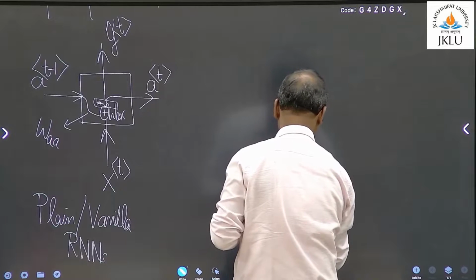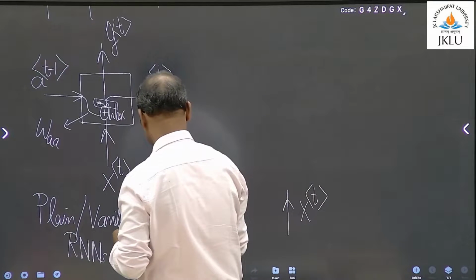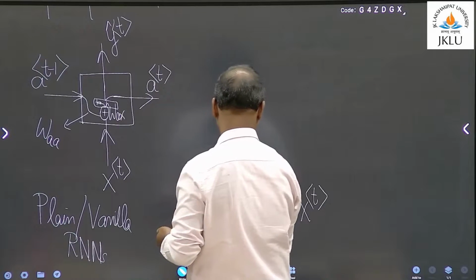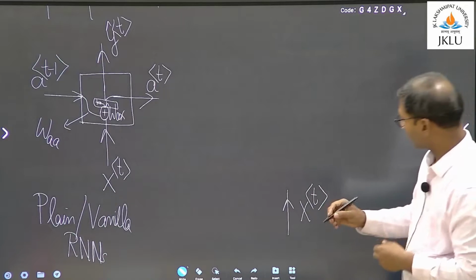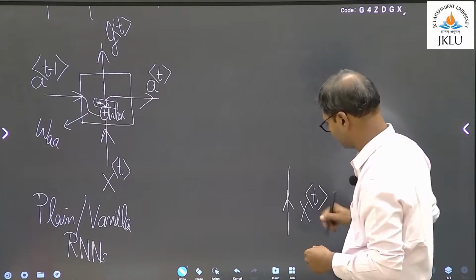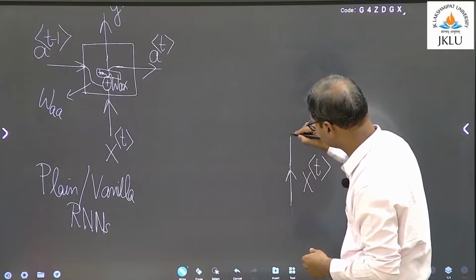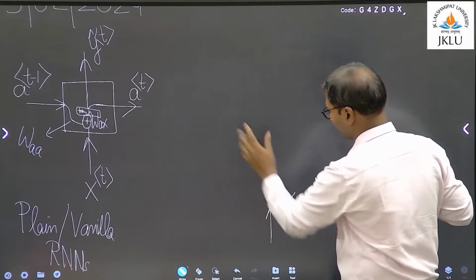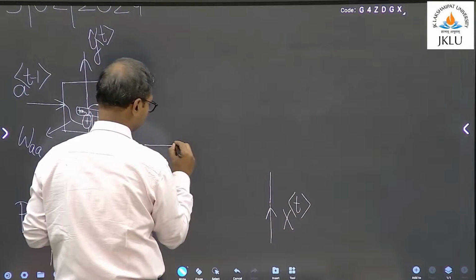Input is x_t, that is going to be there. What else? We want it to receive a_{t-1}.